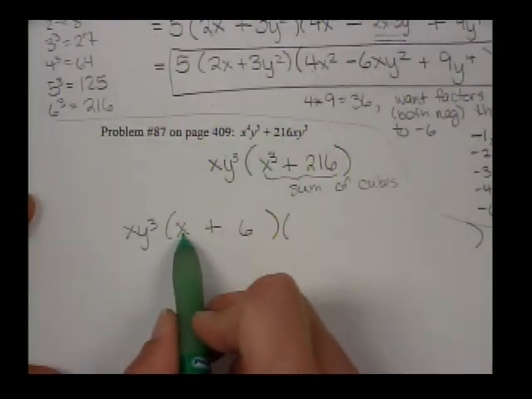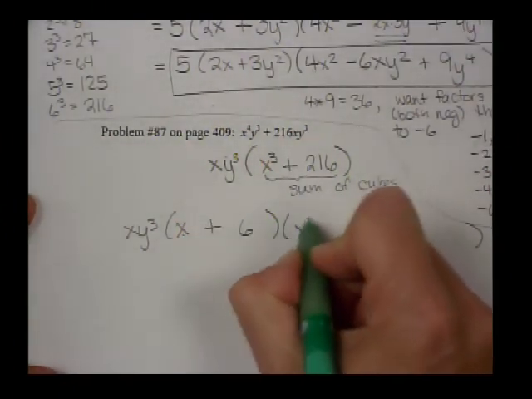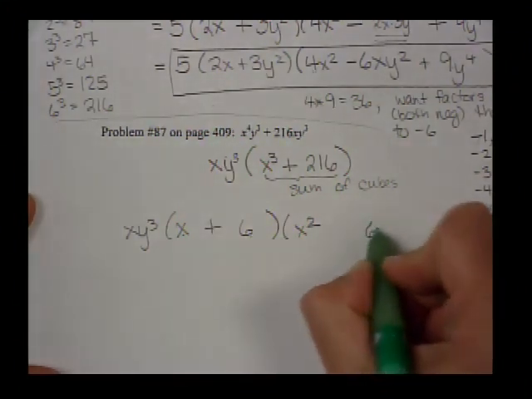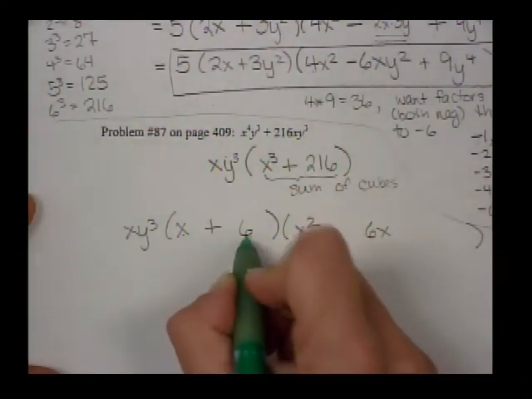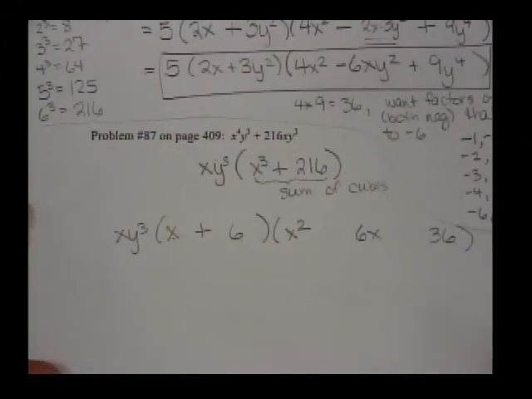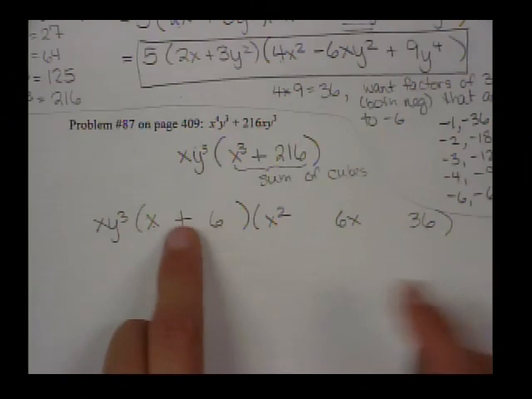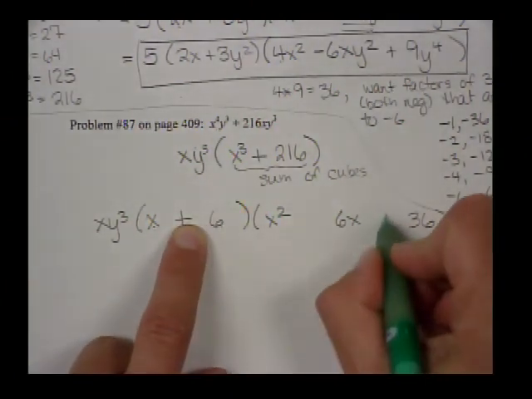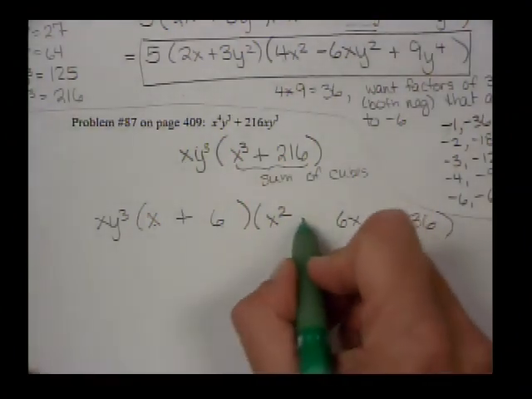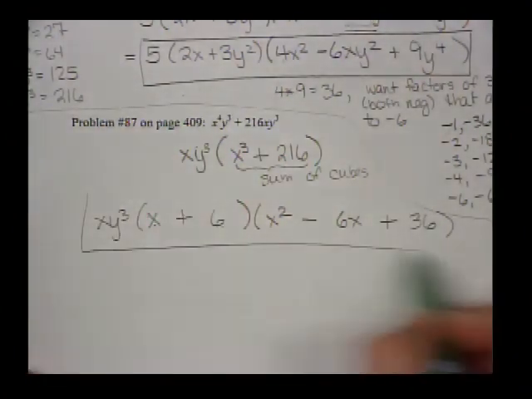So first times first, x times x is x squared. First times second, x times 6 is just 6x. Second times second, so 6 times 6 is 36. I want positive 216, so it has to be positive 6 times positive 36. And I don't have a negative yet, so the negative must go here. And that's the answer.